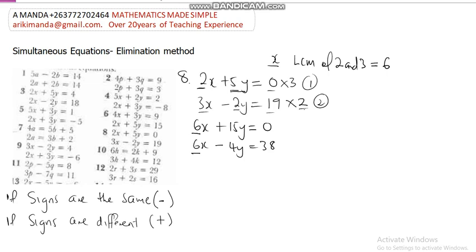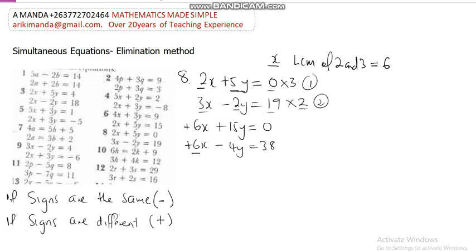But the second part of elimination that I talked about is now the issue of the sign before you eliminate. Take note, if you want to eliminate x and there's no sign here that is given, we simply put a plus. The assumption is the sign is a plus.